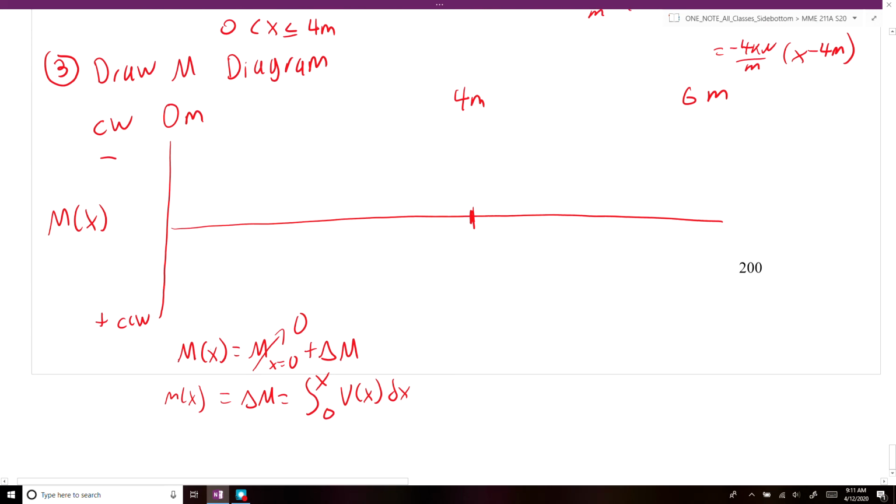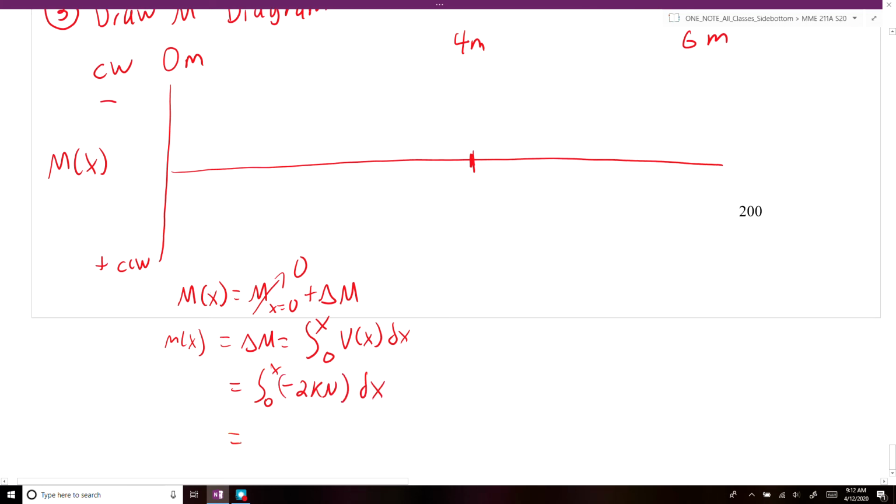So we have V of x, which we defined earlier as just minus 2 kilonewtons, dx. Alright, so we're going to end up getting minus 2 kilonewtons x, from 0 meters to 4 meters.